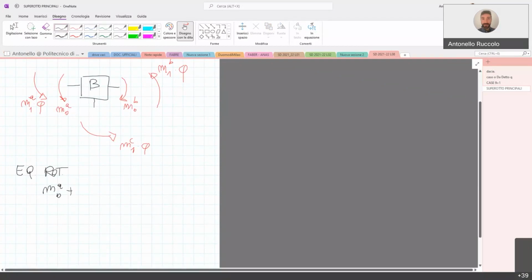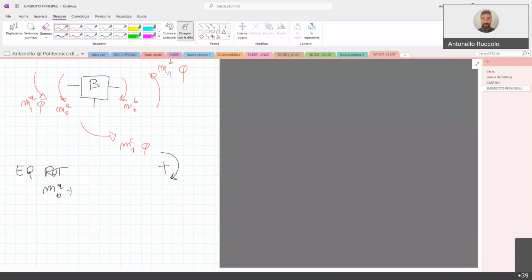Okay, first of all, we have to impose some reference. So let's say that all the clockwise rotation moments are positive. So we have M0A, which is counterclockwise, minus, plus MB0. That is positive because it is clockwise direction.